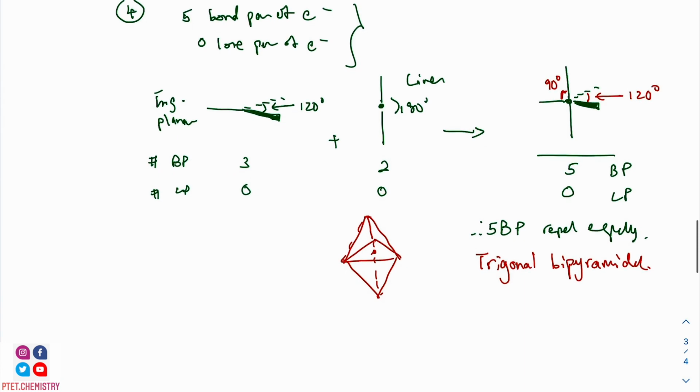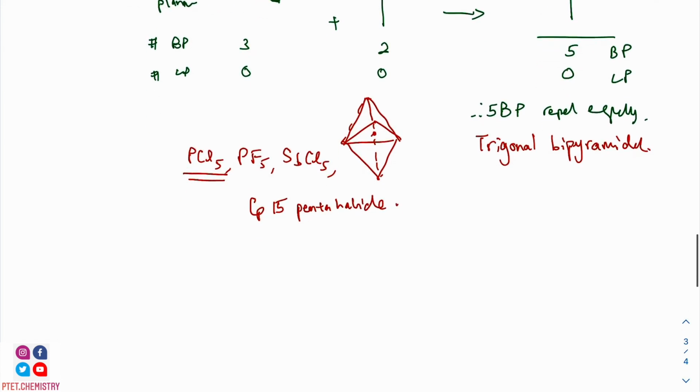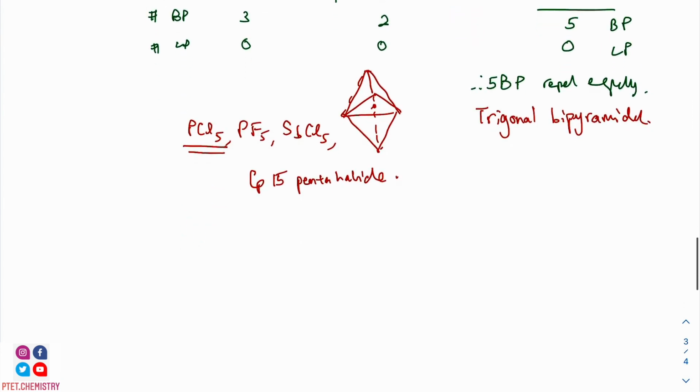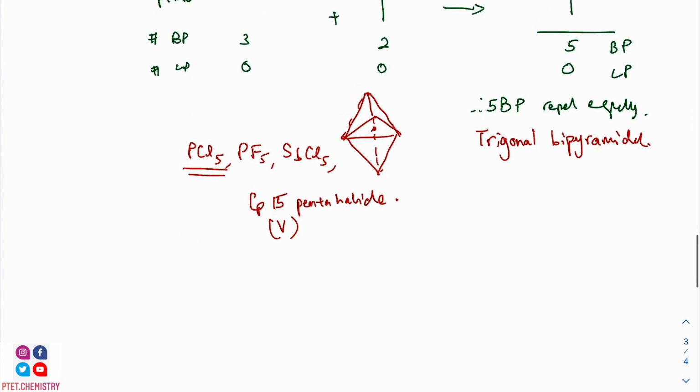You see this in things like PCl5, PF5, SbCl5. Obviously these are your case studies. I'm just extending it to group 15 pentahalides. Penta because there are 5, and group 15 because it could be any element in group 15 that has 5 halogens associated with it.